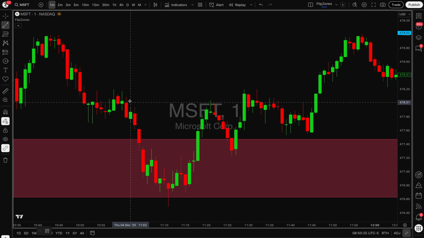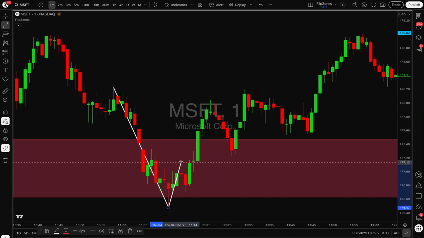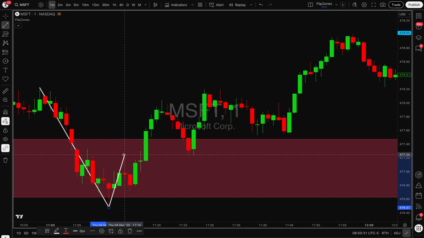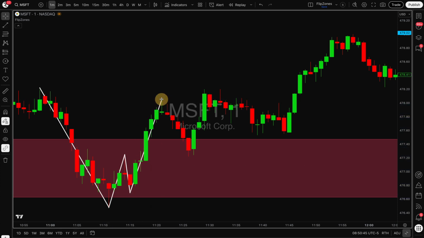After we hit the zone, we had first sellers stepping in, pushing prices higher. Then we had buyers stepping in, pushing prices higher. Then we had sellers attempting to continue the move lower, and that attempt failed shortly after.